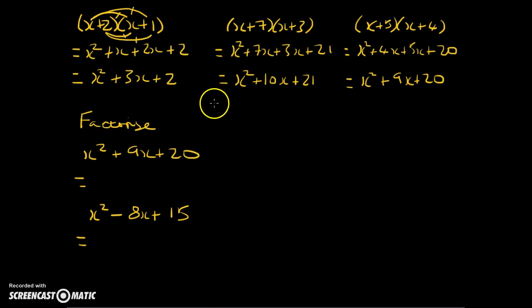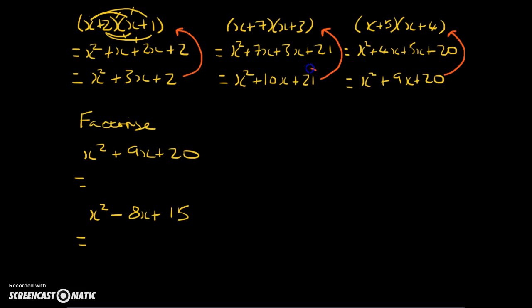Now, I said we were going to look for a pattern here. What we eventually want to do is go from expressions like that up to factorised expressions like that. Hopefully, you've noticed a pattern in the numbers.